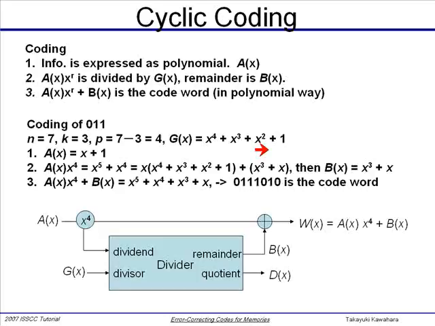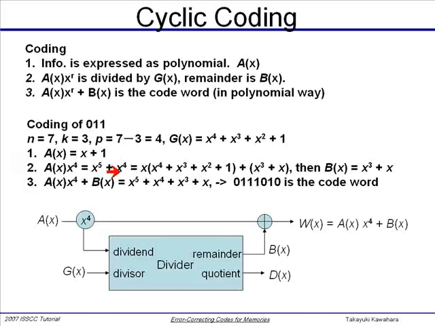011 is only the 1, 1, 0, x plus 1. Then we added this racked order as multiplied. So x is x to the power of 5 plus x fourth.